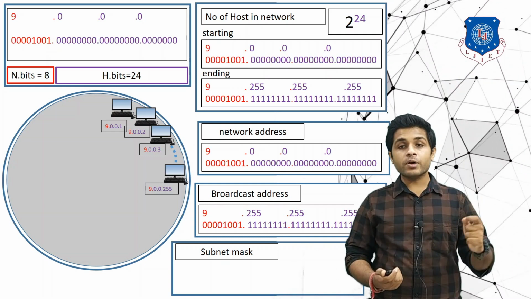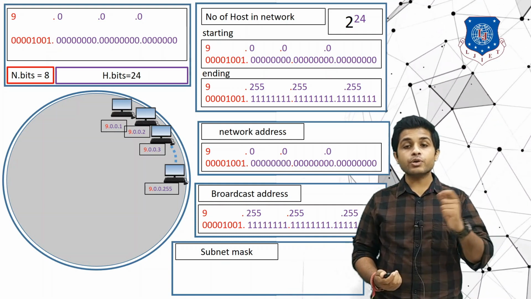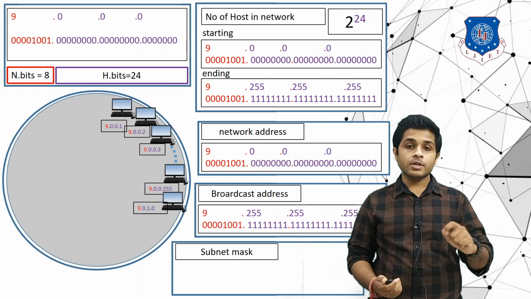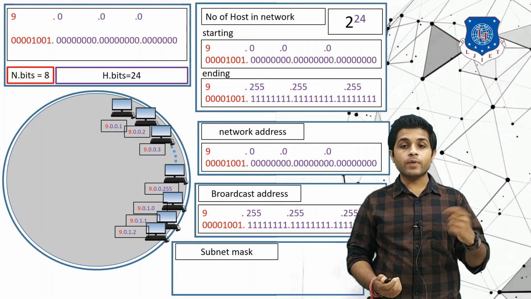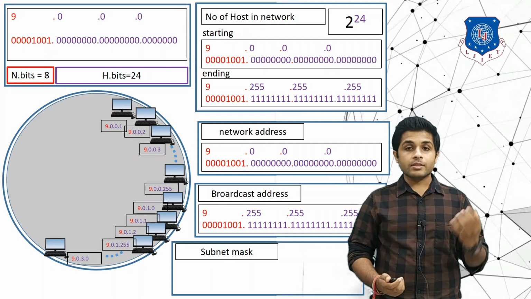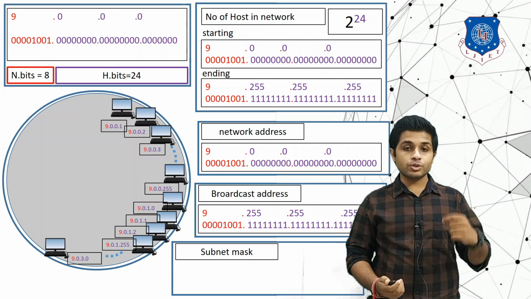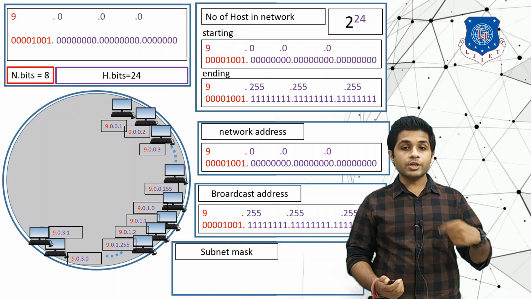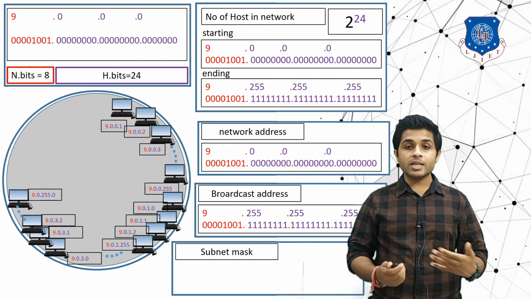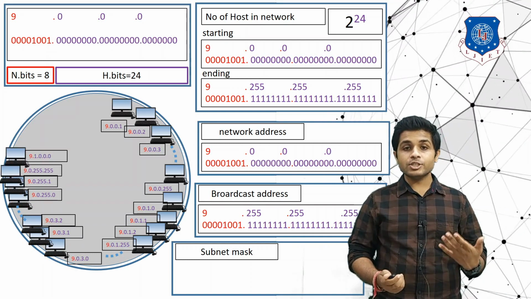If you increment 9.0.0.255 by 1, you will get 9.0.1.0. Then 1.1, 1.2, 1.3, 1.4 up to 1.255. Then 2.0, 2.1, 2.2, 2.255 and 3.0, 3.1, 3.2.